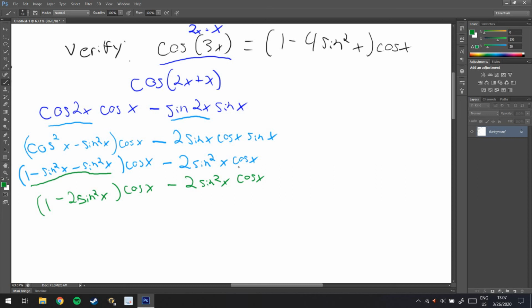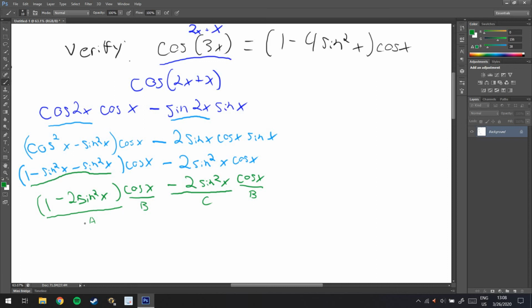Alright, here we need to do some algebra. I have a term, which is 1 minus 2 sine squared of x, times a second term, cosine of x. I have a term, negative 2 sine squared x. This is A, this is B, this is C, and well, this is also B. So I have a like term, which is cosine of x.